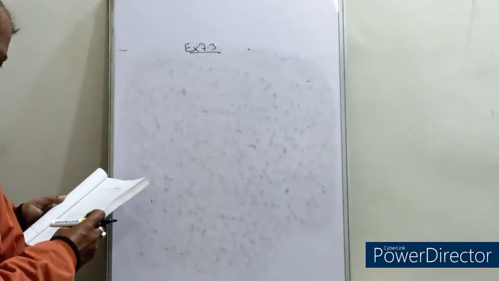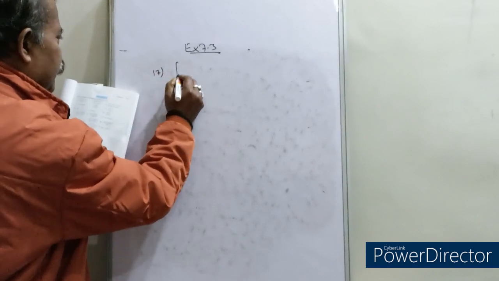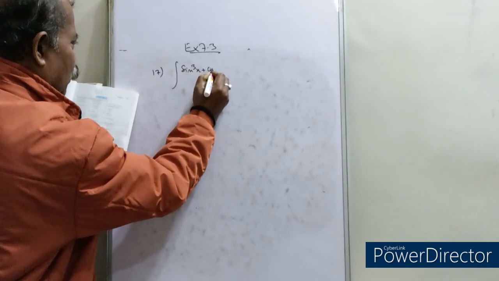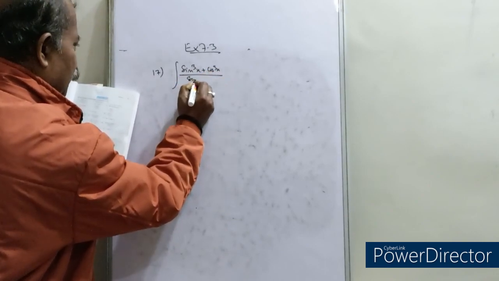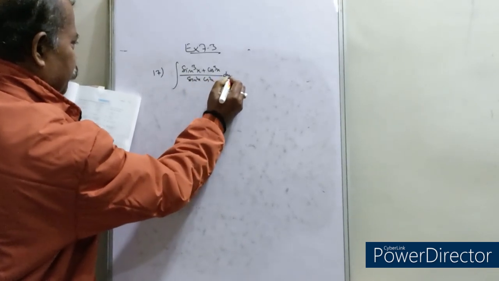Question number 17: integration of sin cube x plus cos cube x by sin square x into cos square x dx.